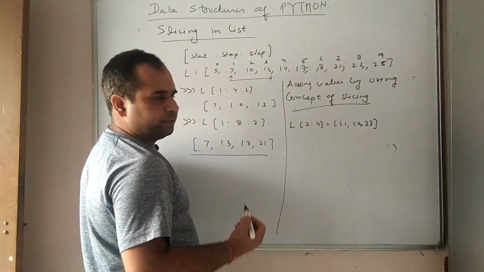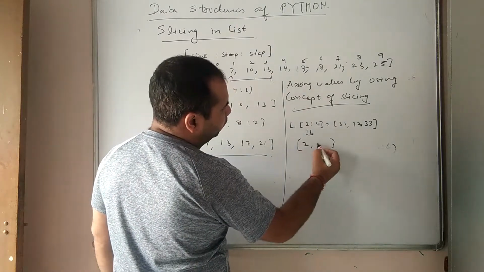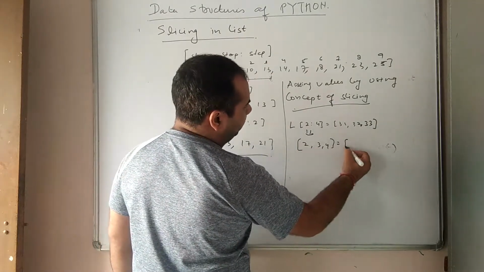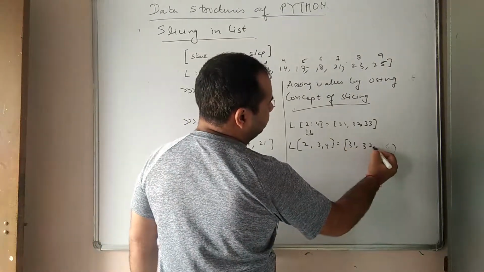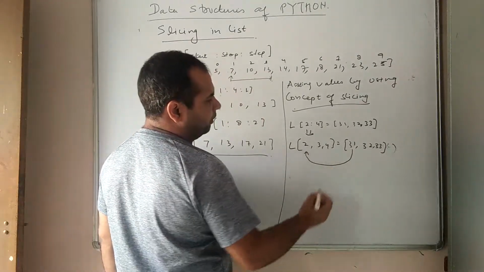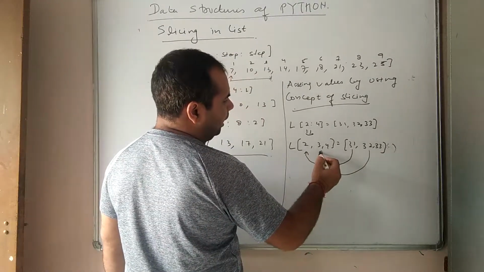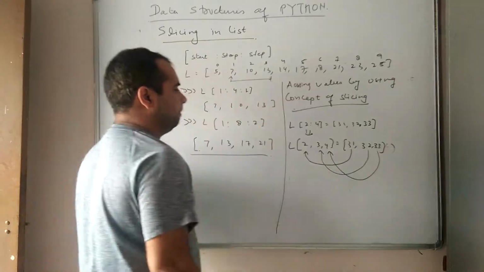Now, what does this mean? Let us decode this one. If you decode this, you will get indexes 2, 3, and 4 of L, of course. You will get 31, 32, and 33. That means L[2] will get 31, L[3] will get 32, and L[4] will get 33.